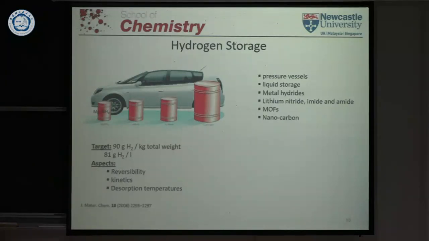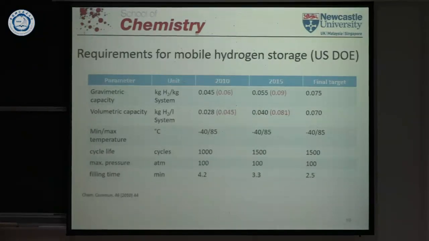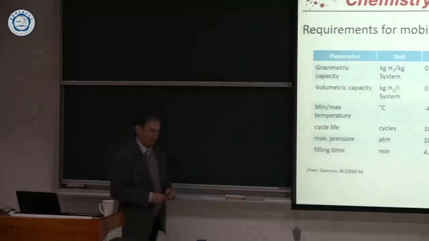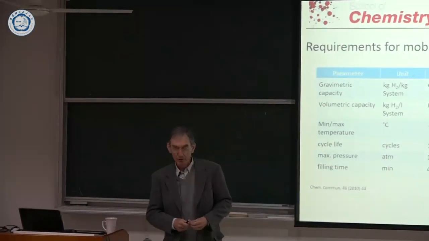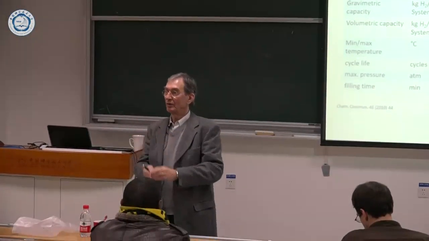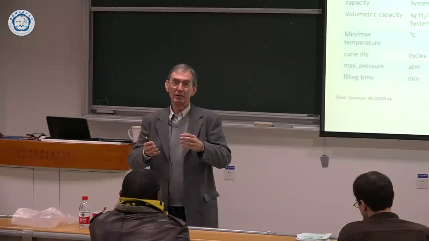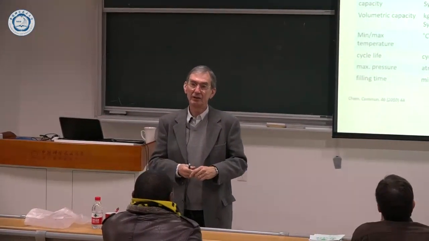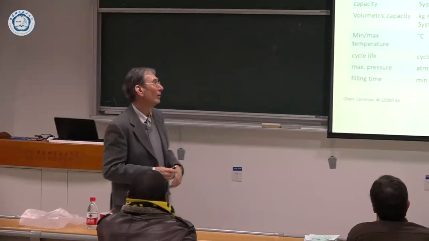So I think it's more or less clear that you can pressurize hydrogen. The problem in principle is that hydrogen is a low weight material. You know, it's the lightest element in the periodic table.